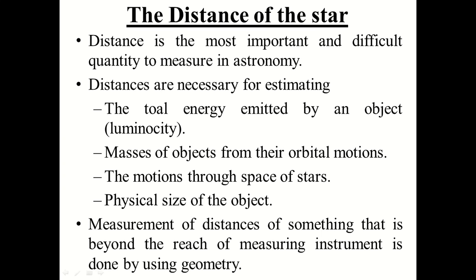So the two units which we commonly use in astronomy are the parallax second, which is usually called the parsec, denoted by pc, and the light year. These are the two units of astronomical distances used in astronomy.